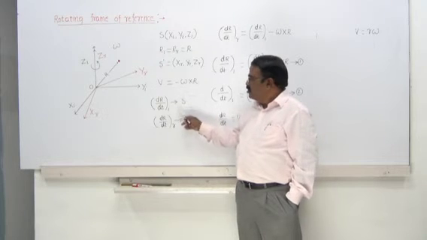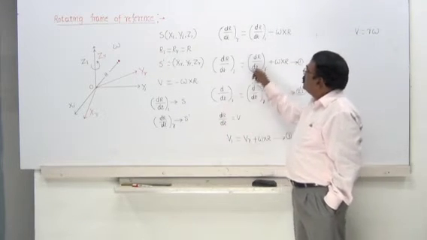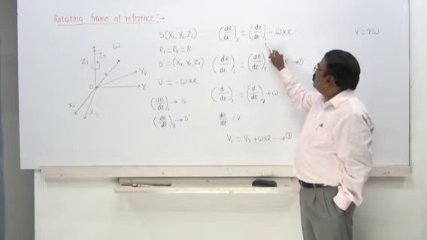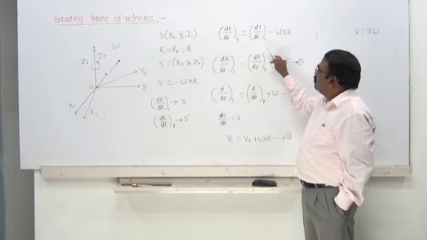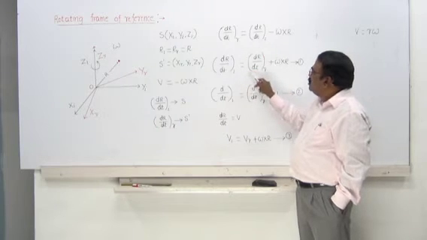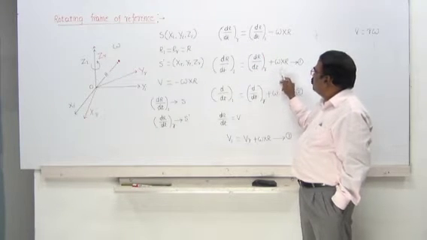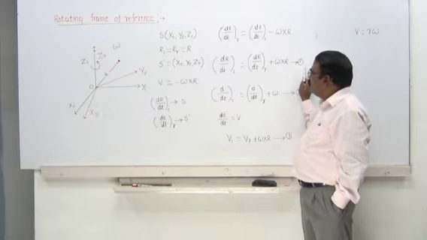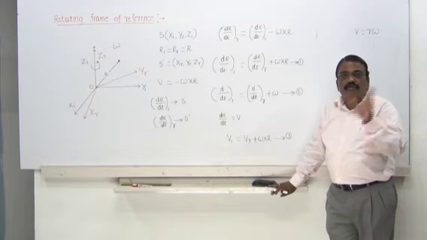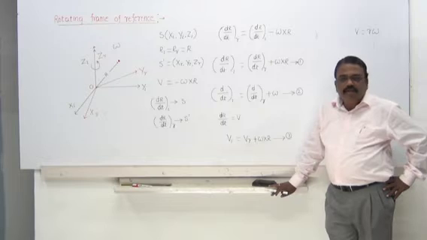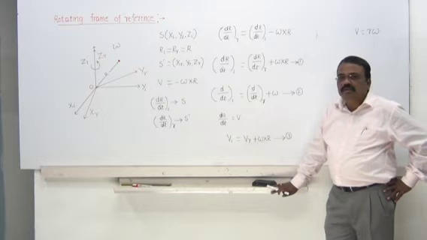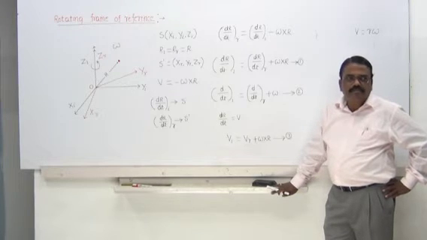The relation connecting these is: the velocity in the inertial frame equals the velocity in the rotating frame plus omega into r. From this, dr upon dt I is equal to dr upon dt r plus omega into r, call this equation 1. This equation holds good for all vectors and relates the time derivatives of vectors in frames S and S dash.